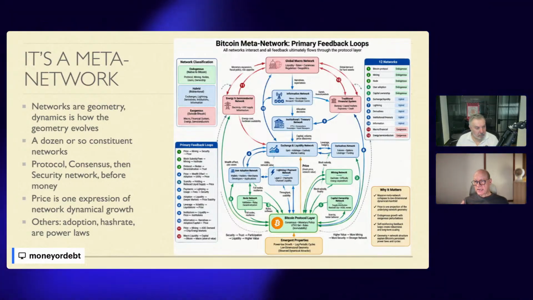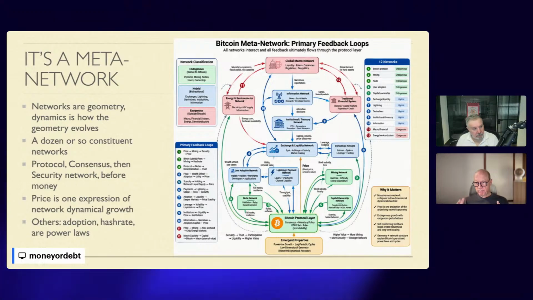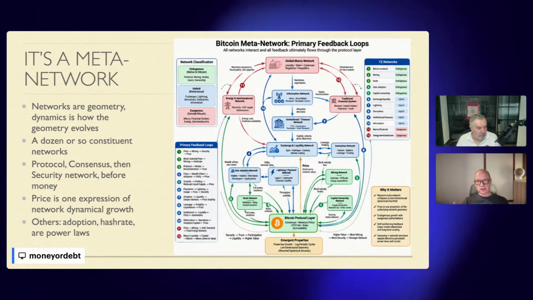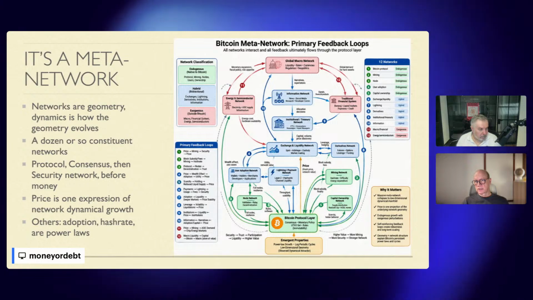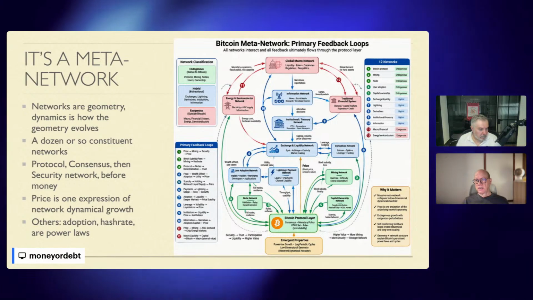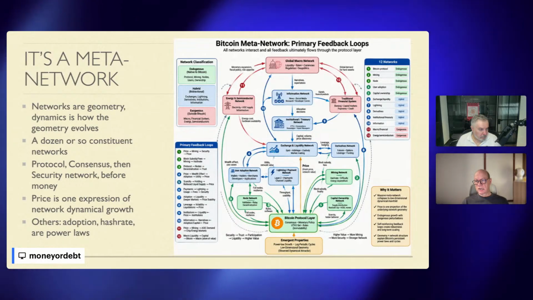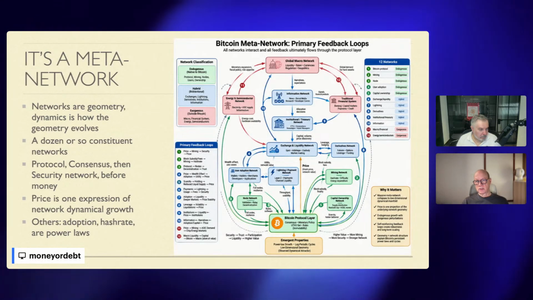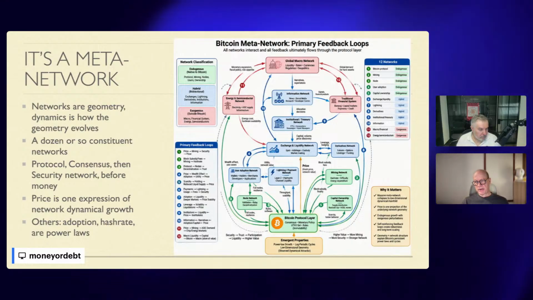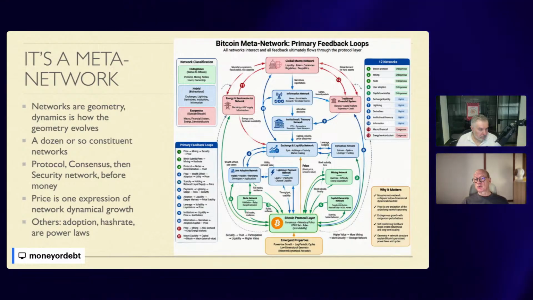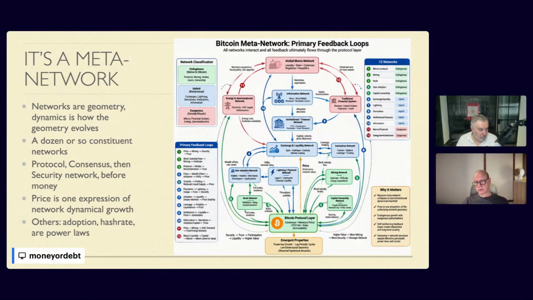So the idea is that this meta network with these dozen components to it, or constituent networks, can be represented to some degree in a collapse to a low dimensional dynamical manifold. And price is one projection of all of this.